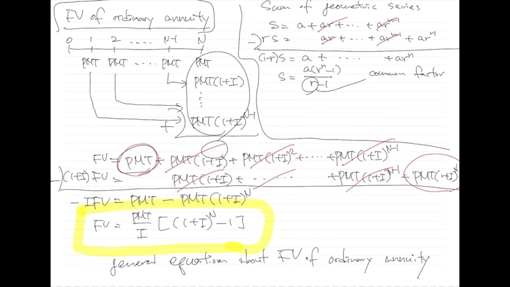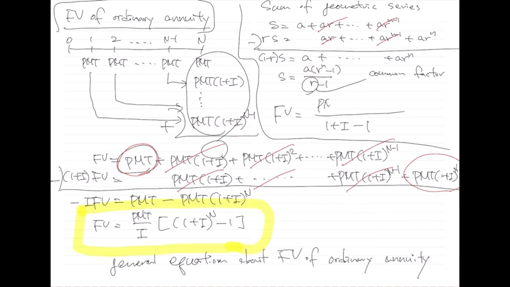So FV is ((1 plus I)^n minus 1) over I, right? And what is A? And what does it mean? The A means the first term, right? The first term is payment, right?